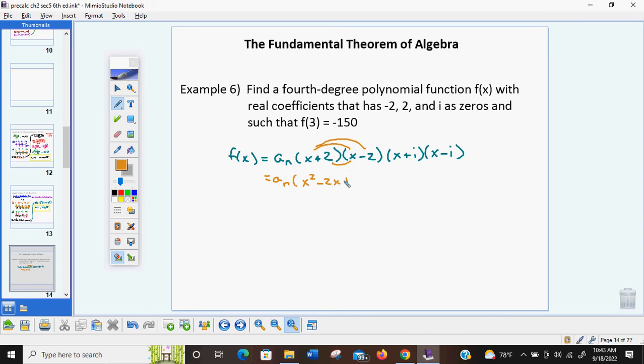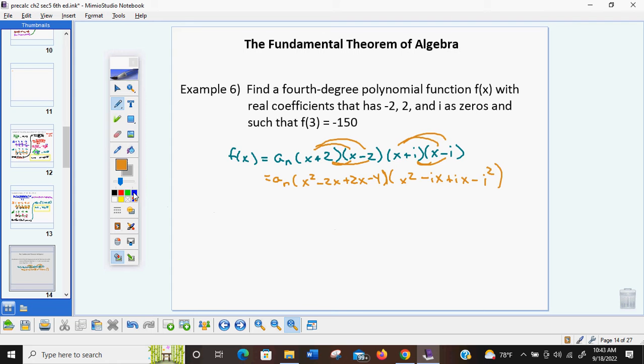Inside gives me positive 2x. Last, -2 times +2 is -4. And let's FOIL this one as well. x times x gives me x squared. The outside gives me -ix. Inside gives me positive ix. And last gives me a -i squared.